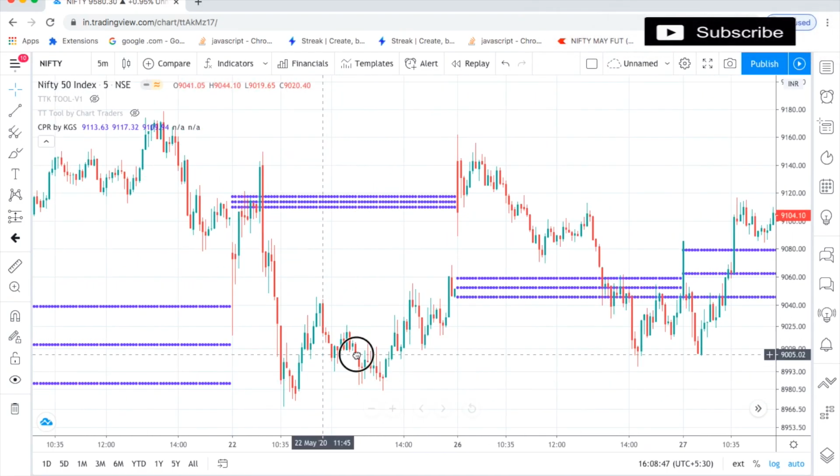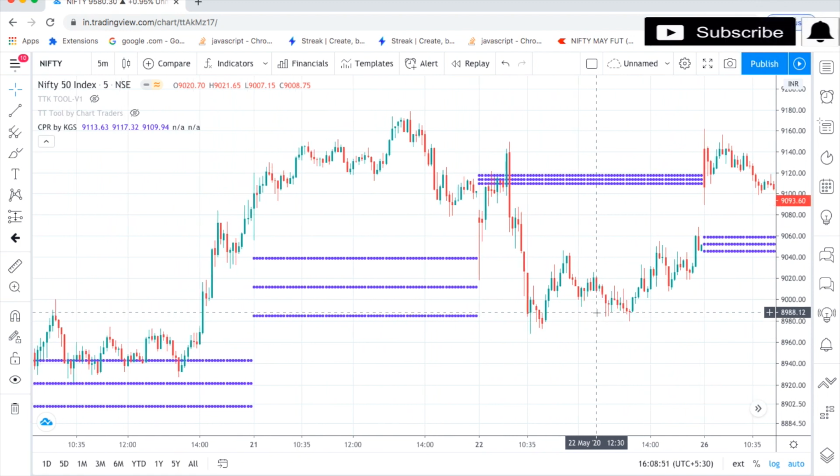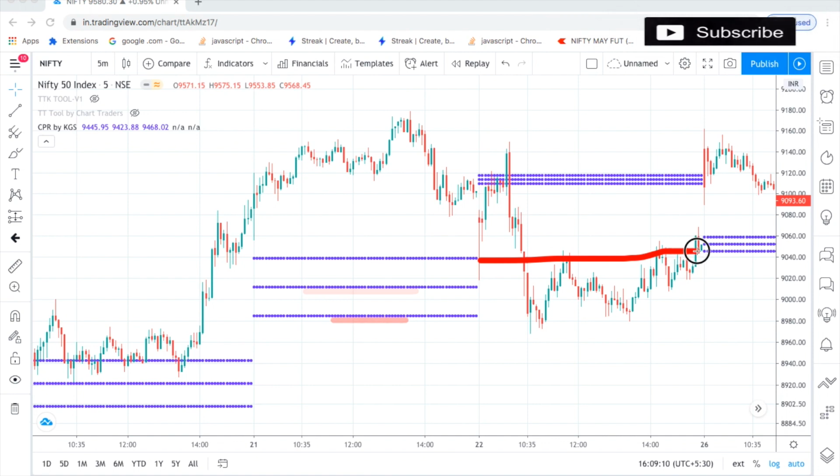Now I have opened TradingView. In TradingView we can see that on the 21st the price is above the CPR line, not touching any CPR line. So on the next day we can extend this CPR, and that will act as a support.